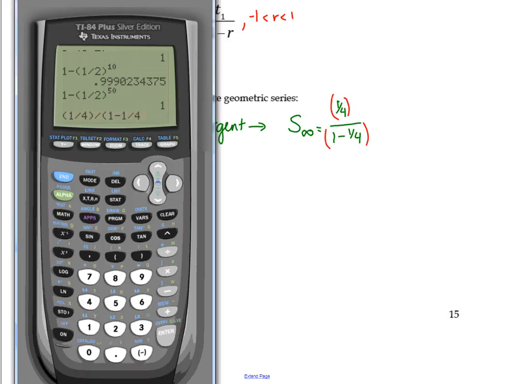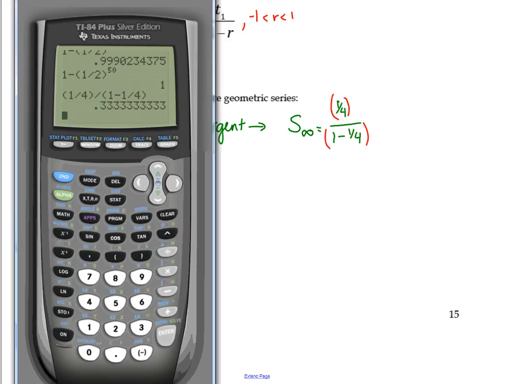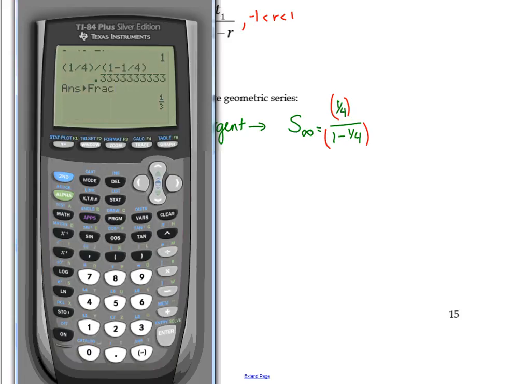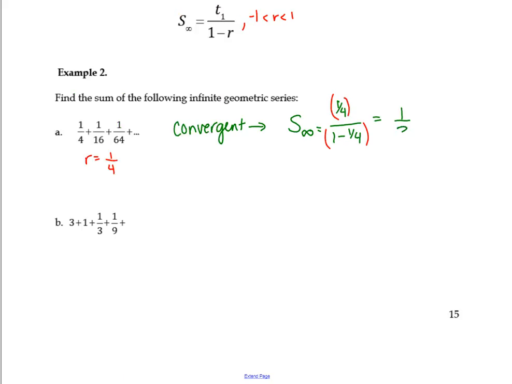I don't have to worry about brackets around the 1/4 at the bottom, because with BEDMAS your calculator will divide and then subtract. What does that equal? Math, enter, enter. 1/3. You should probably know that one anyways. So that's the infinite sum. If we sum these terms to infinity, they add to 1/3.